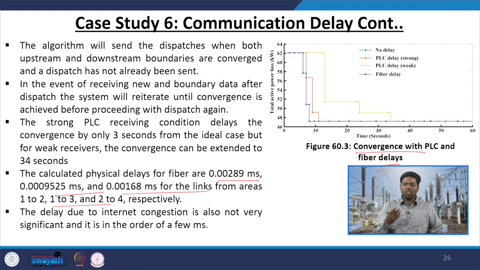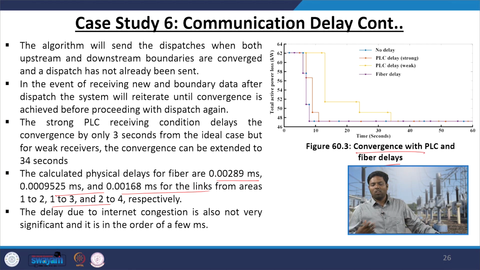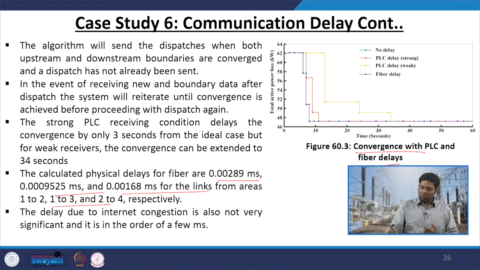PLC is normally used for AMI, where the data is not very sensitive to communication time. With the PLC delay, when the receiver is strong, it is also taking almost 11 to 12 seconds to converge.